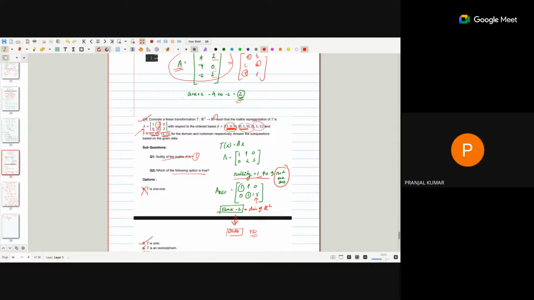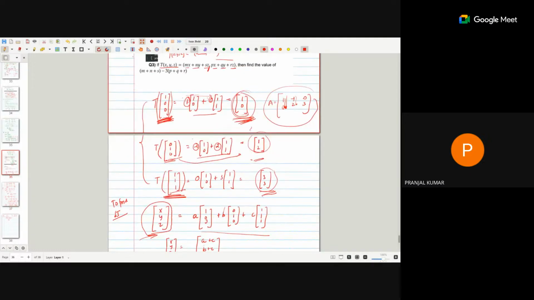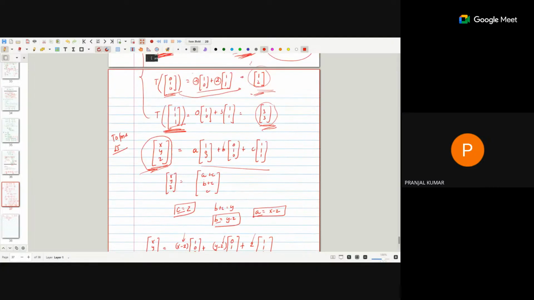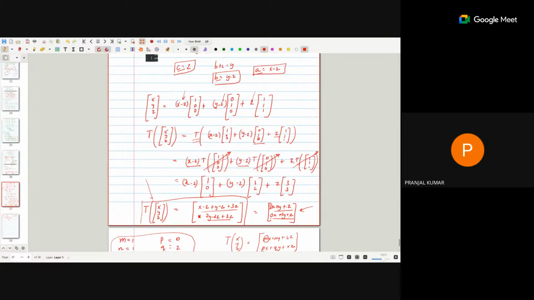Then expressing the general element as a linear combination of these basis vectors, finding these coefficients, then exploiting the property of linear transformation, then substituting those images which we found earlier, then adding them and getting the corresponding linear transformation. Is this clear? Yes, sir.